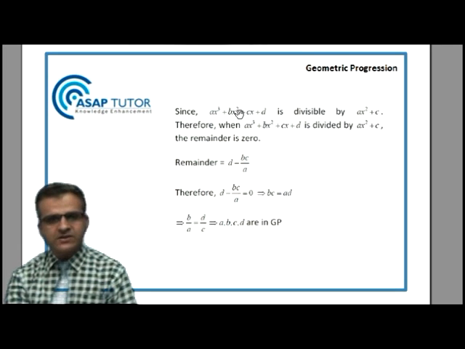Now if we divide this expression by ax square plus c, we get the remainder which is equal to d minus bc by a. So therefore it has to be equal to 0. So d minus bc by a is equal to 0. Solving it, we get bc is equal to ad, and finally arranging the terms, we get b by a is equal to d by c, which means a, b, c, d are in GP.